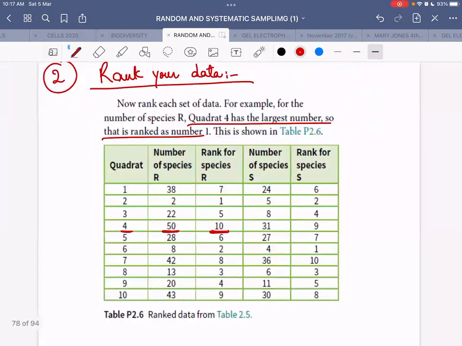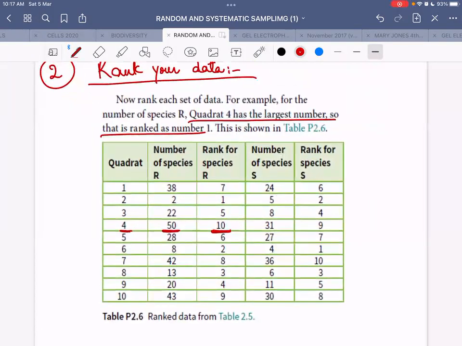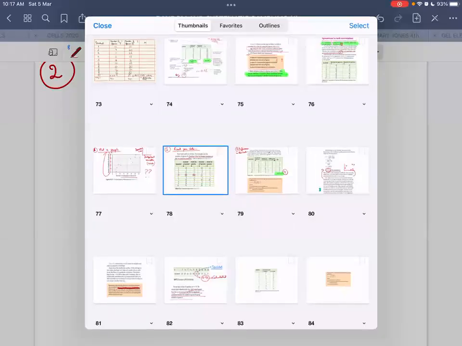अच्छा, अब हम rank करते हैं अपना data. तो rank कैसे करेंगे? Okay, if you remember, let me in fact do it like this. Let me take this out.